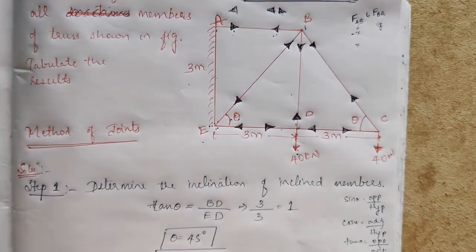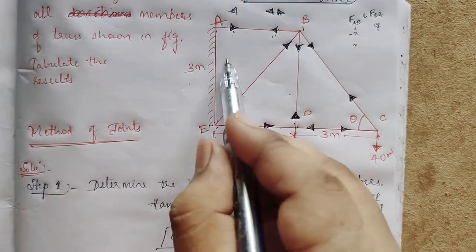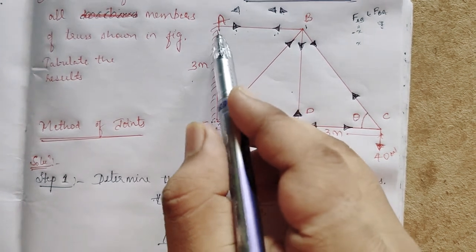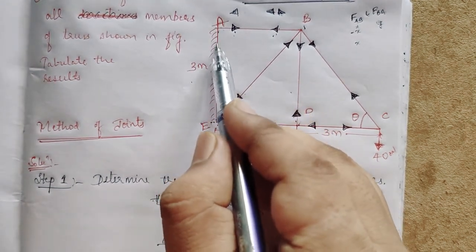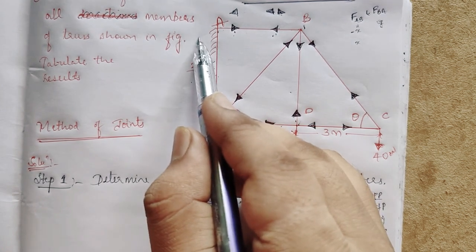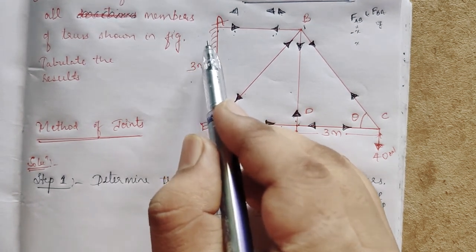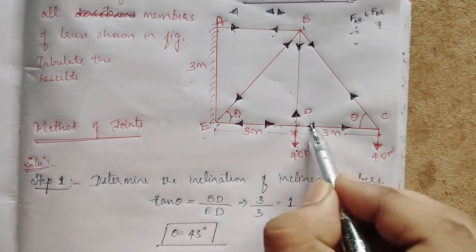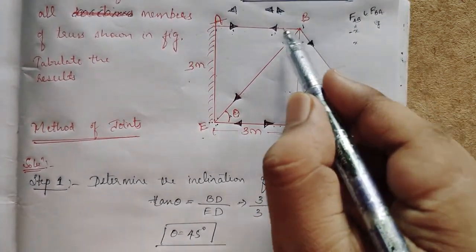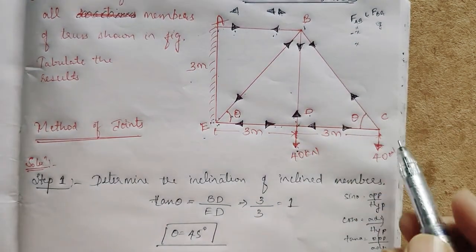So it is possible that it has more than 2 reactions. If we take joint A, there will be FAB, and because of this fixed one, a horizontal and a vertical will be there, so A will also not work. If we take D, 1 2 3 4 unknowns. If we take B, 1 2 3 4 unknowns.